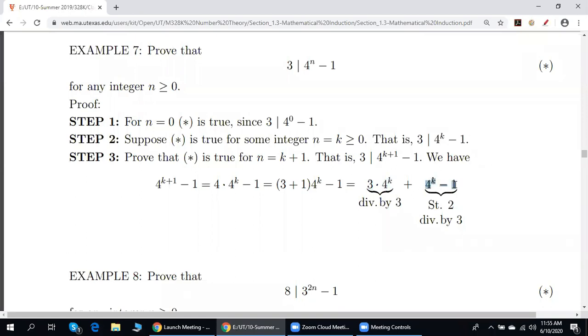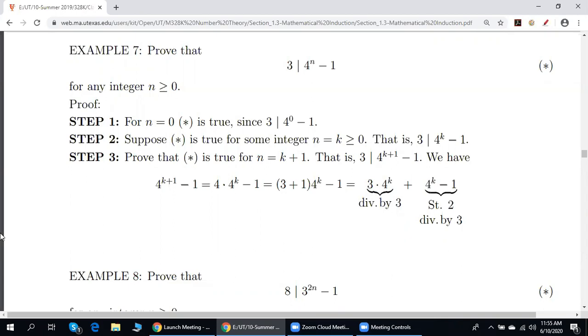This term is divisible by 3 by step 2. Since this is divisible by 3 and this is divisible by 3, the whole thing is divisible by 3, and therefore this is divisible by 3. We are done.